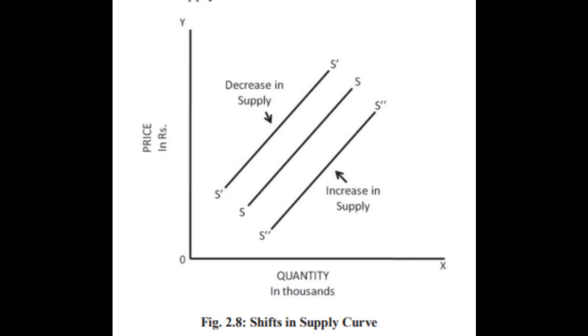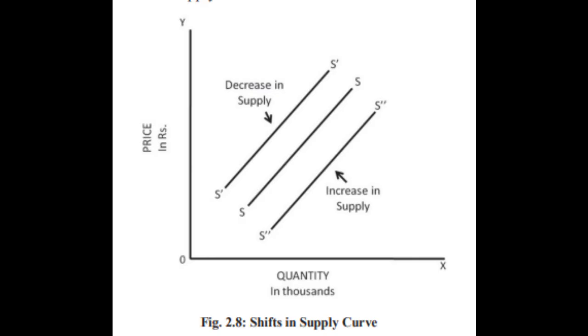If it does not pass through 0, it shows that until the price rises up to a certain point, the quantity supplied will remain 0. Rupee 1 can be such a price. The producer will not offer any quantity for sale if price is 1 or less. The upward sloping supply curve is just a diagrammatic representation of the law of supply.